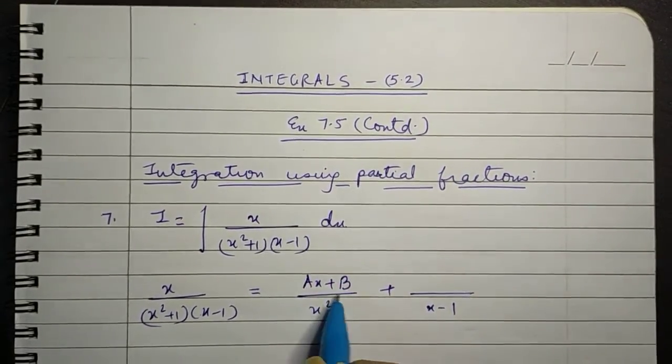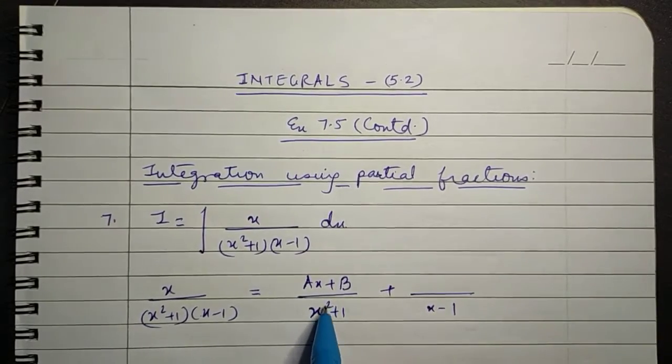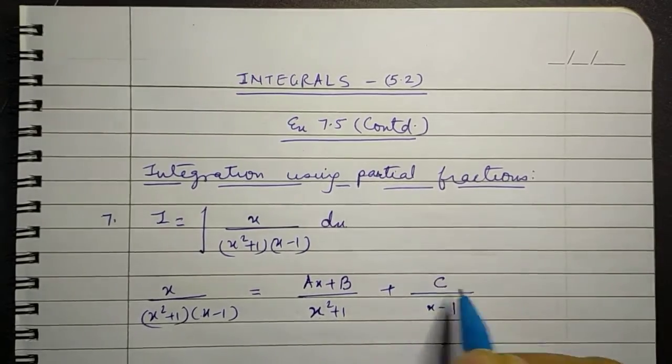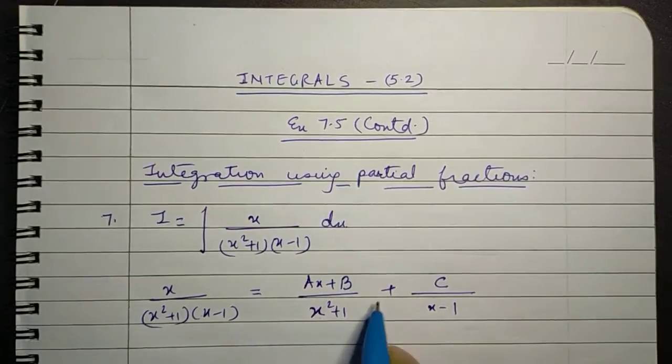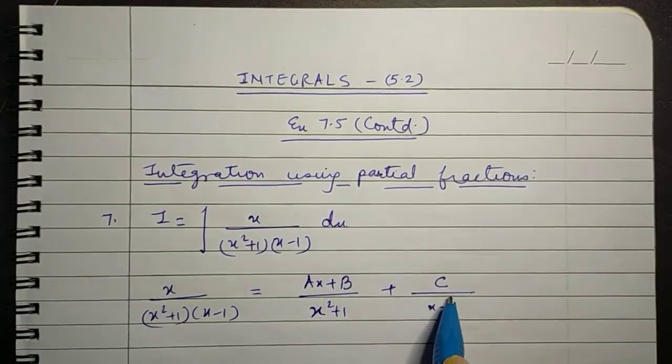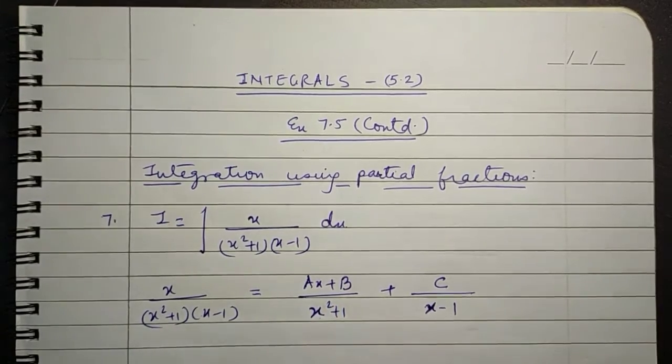In the first one we will write ax plus b, because we have to introduce two constants corresponding to an expression of degree 2, and here we will have c. Now the value of c can be clearly solved by the shortcut method, and then we will solve a and b using the regular method.